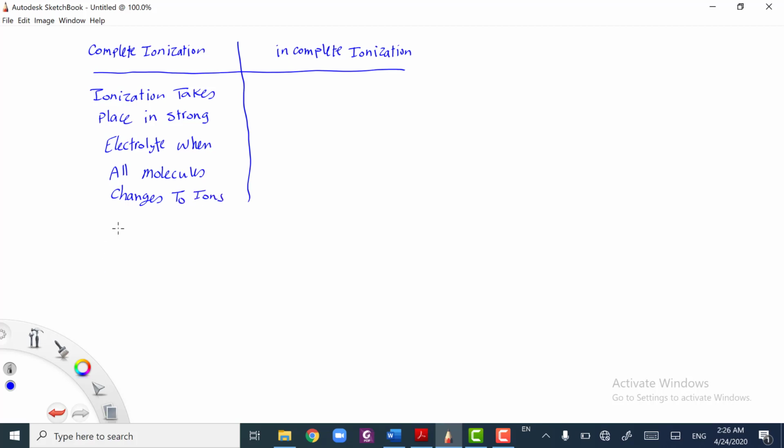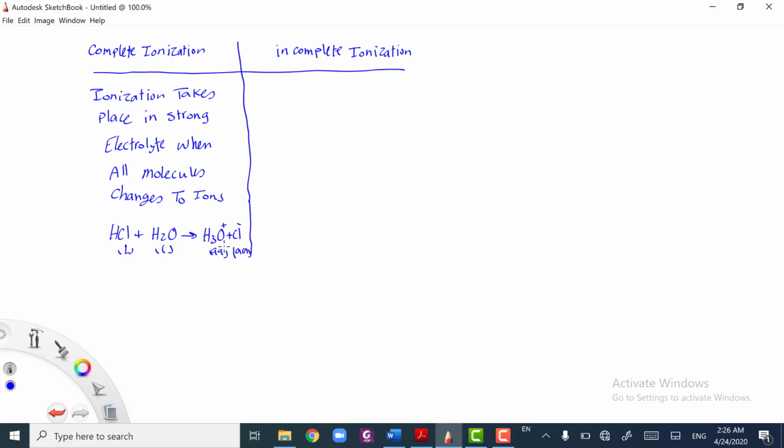In the previous example of HCl, when it is in the water molecule, it gives us hydronium plus Cl negative, liquid, aqueous, and aqueous.